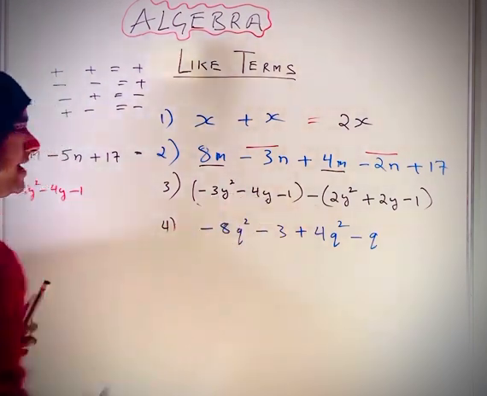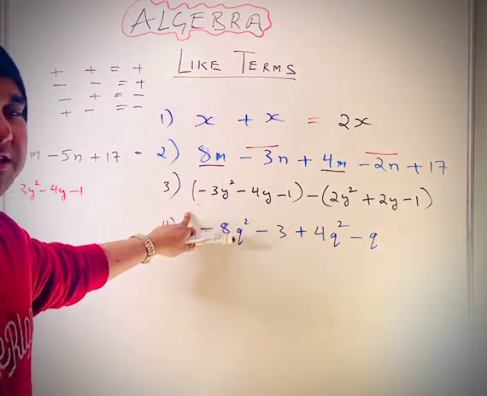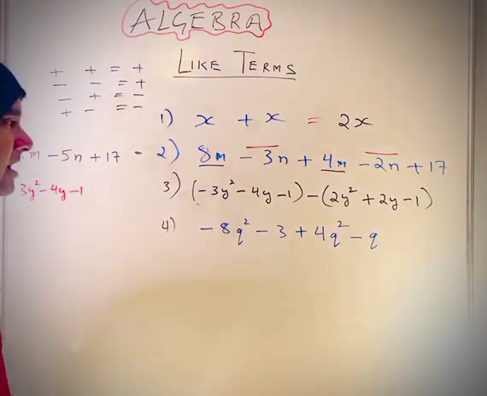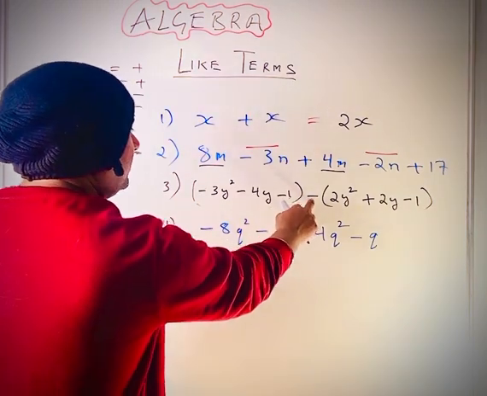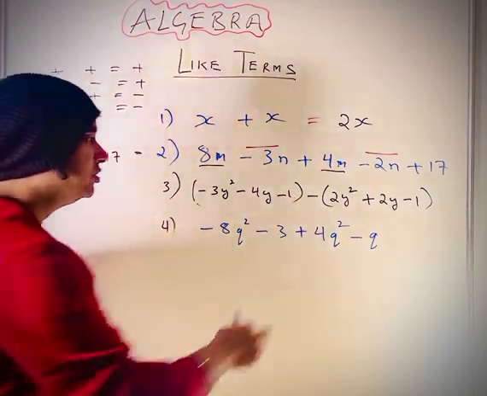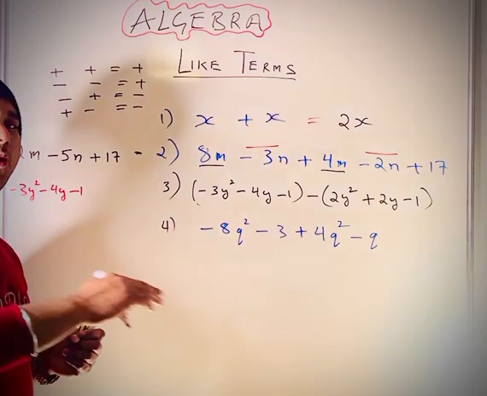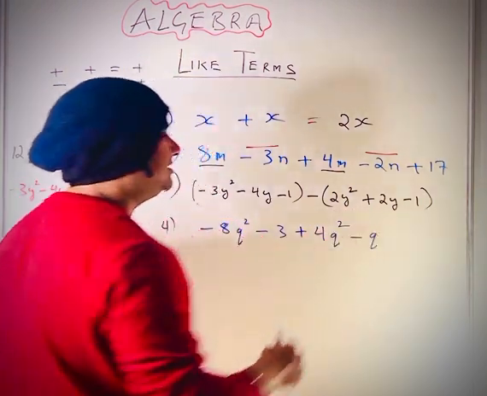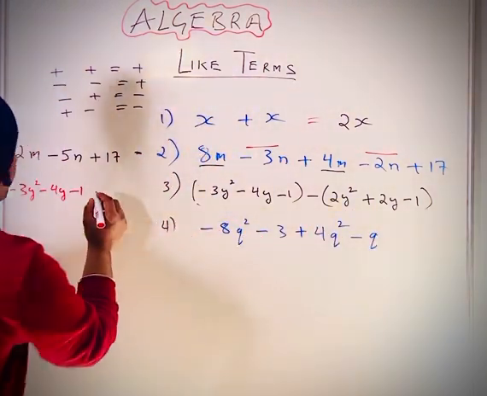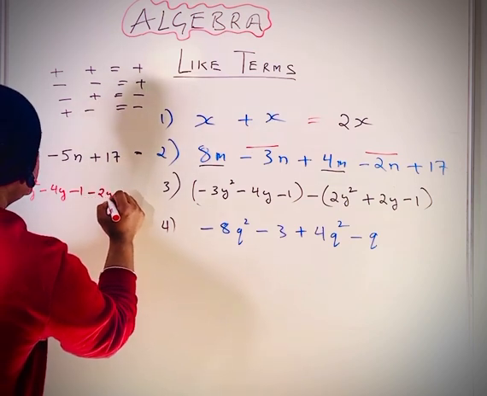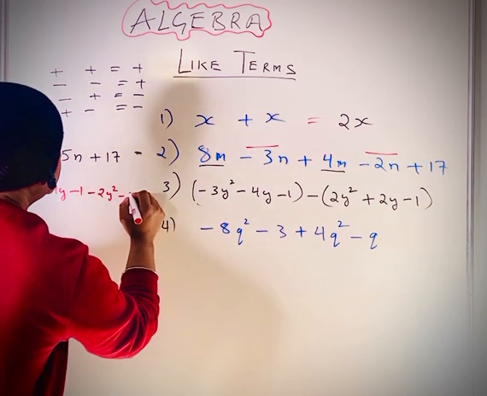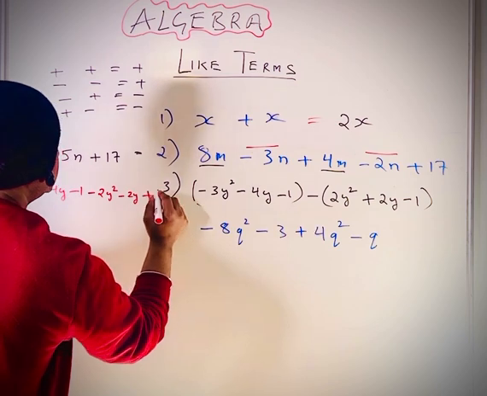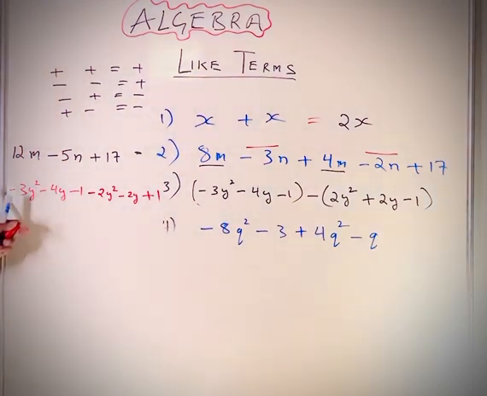We can open this bracket straight away because there is no negative sign before the bracket. But in this case, we have a negative sign before the bracket. So when I open this bracket, every single sign inside this bracket is going to be changed. So it will be minus 2y squared minus 2y plus 1, right? That's what we're going to get.